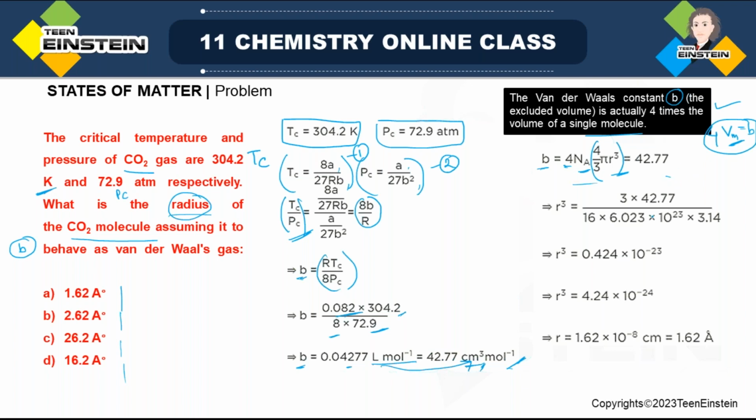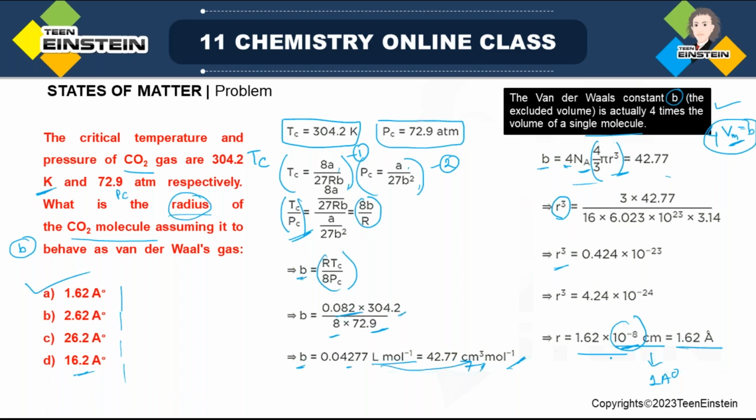So both sides have the same unit. From this you can find the value of r cubed, which will be in centimeter. So r cubed first, then cube root, it is 1.62 times 10 to the power minus 8 centimeter. Now 10 to the power minus 8 centimeter is equal to 1 angstrom. That means if you remove this term, ultimately the answer is 1.62 angstrom, and it is matching with option A. See, there is another value also, 16.2.